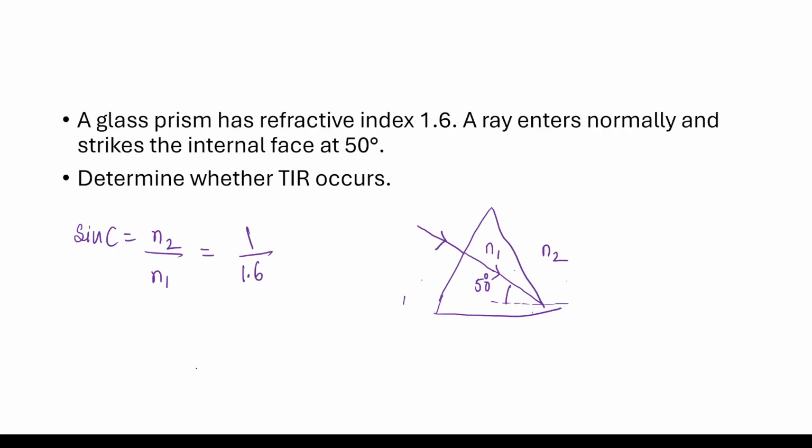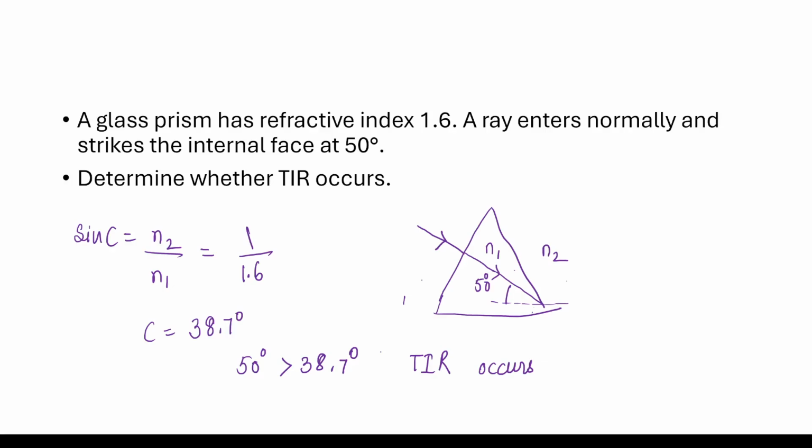Using a calculator, the critical angle comes out to 38.7 degrees. It is incident at 50 degrees, but the critical angle for this surface is 38.7. Because my incidence is greater than critical, TIR occurs. That's your answer. That's what it's asking, whether it occurs or not.